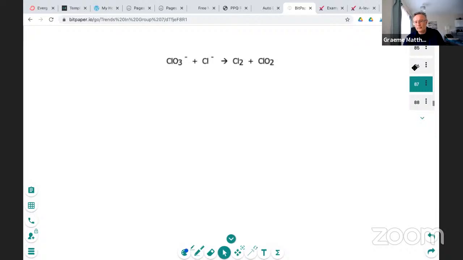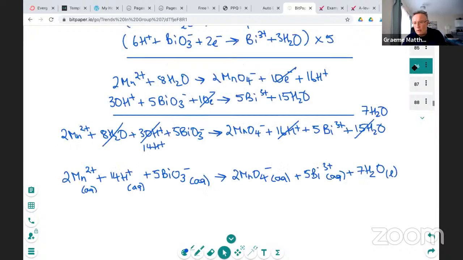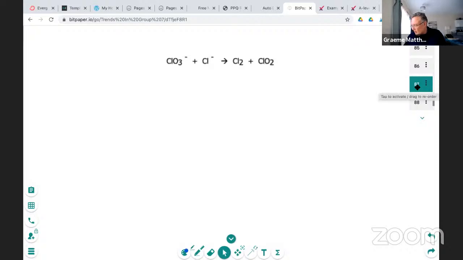This is where we are from last week. What I wanted to do this week is cover balancing redox equations in alkaline media, and then a couple of past paper questions.